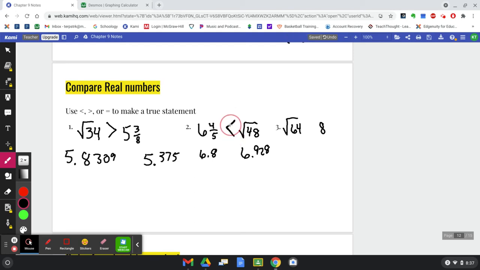That means the square root of 48 is greater than 6 and 4/5. Now, in number 3, these two look like different values, but we know the square root of 64 is 8, and 8 is just 8. So these two are actually equal to one another. So when we compare, we're just going to put them in decimal form.